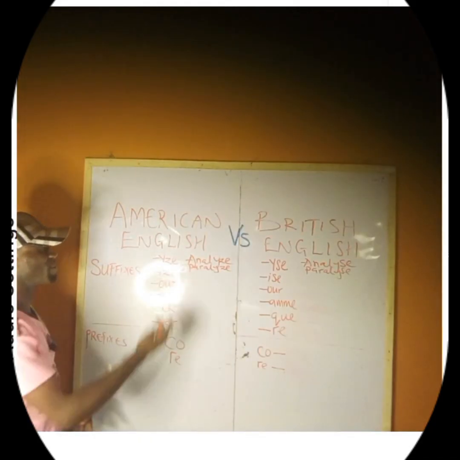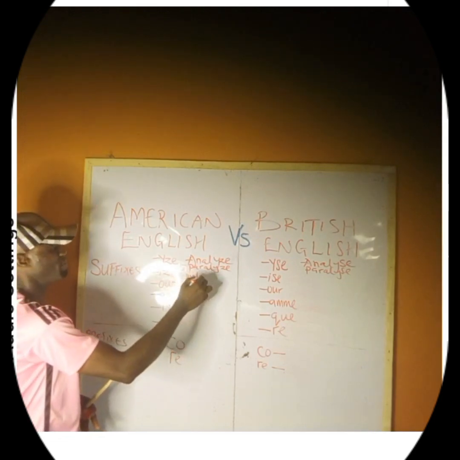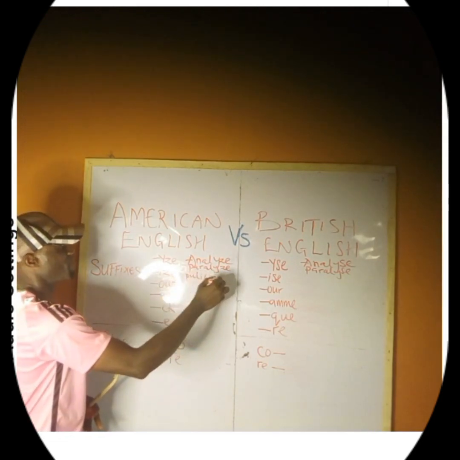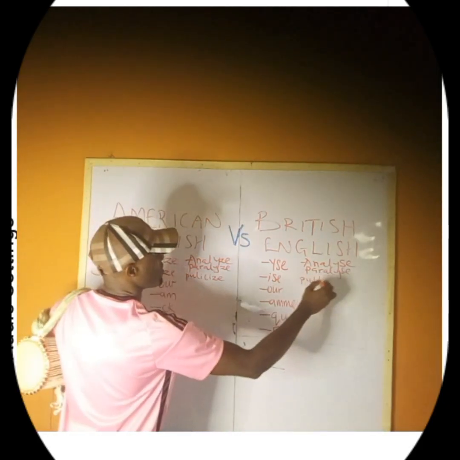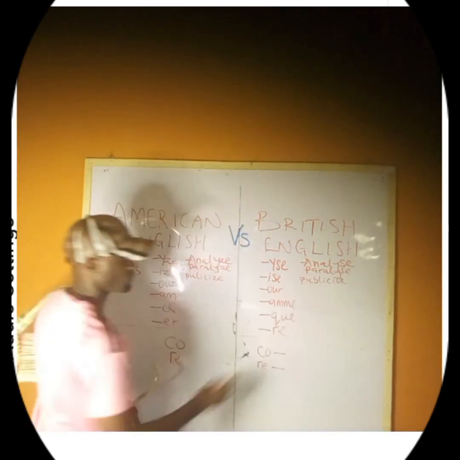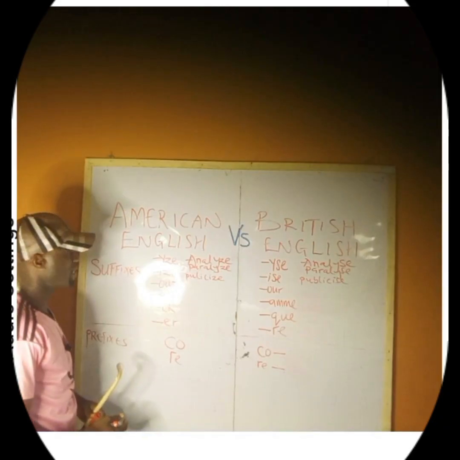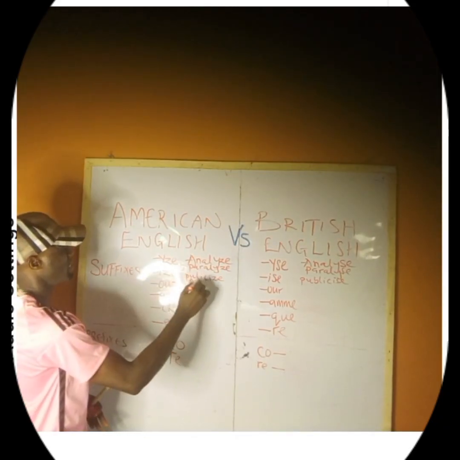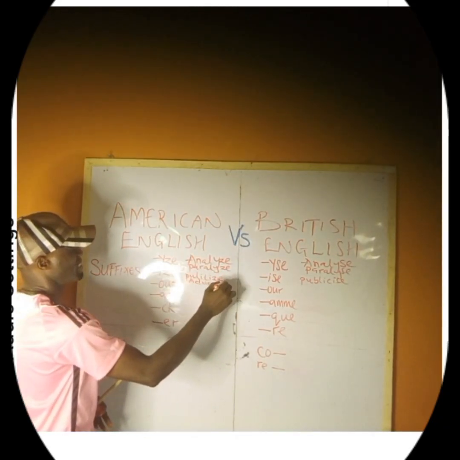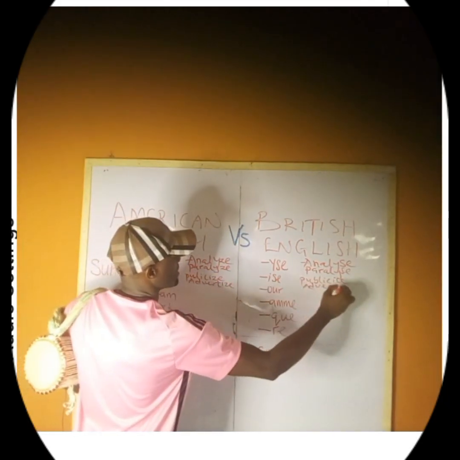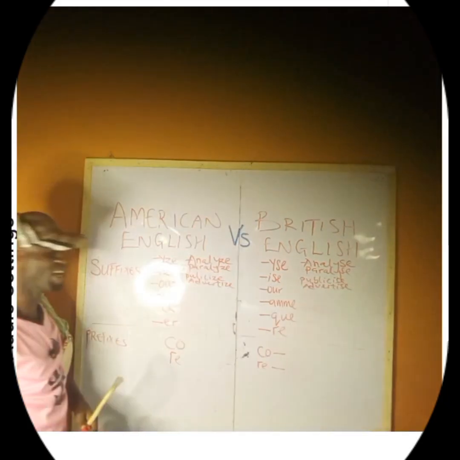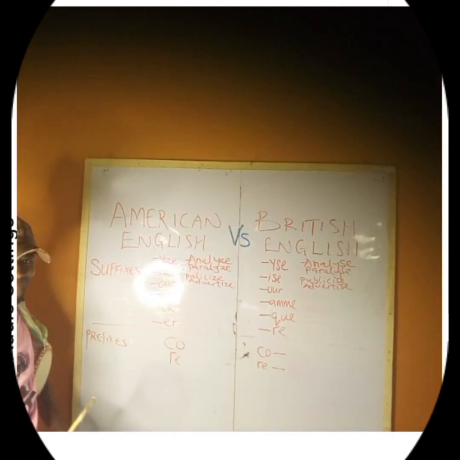Okay, talk about the IZE suffix and the ISE suffix. In American English, we have things like publicize, and here you have it as publicise. You have things like advertise; here you could have it as advertise. Okay, OUR suffix.